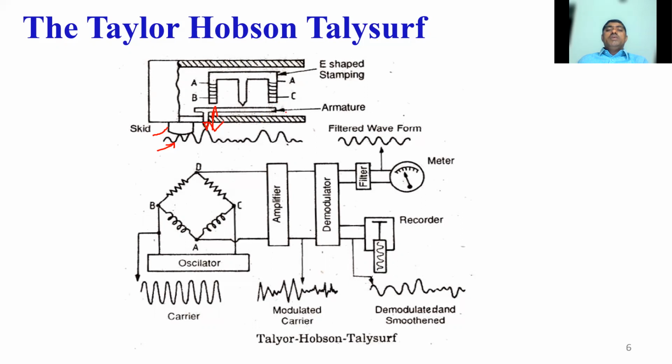The armature moves up and down, so that changes the gap between the E-shaped stamping and the armature. That causes the flow of current through the coils AB and AC. That is amplified in the amplifier, and then it is demodulated as explained.